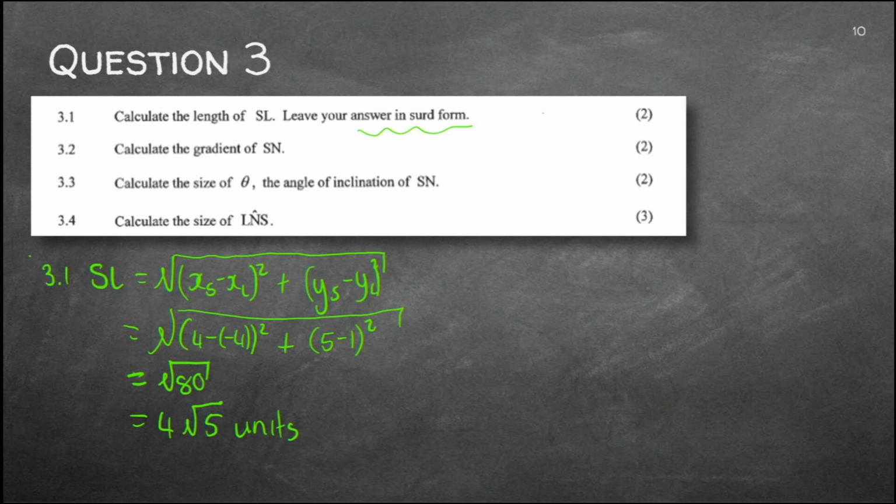Right, now we look at the next question, the gradient of SN. So once again, we have to get the gradient, which is straightforward. So the m of SN, we know how to get the gradient. It would simply be y2 minus y1 over x2 minus x1. Let's substitute.